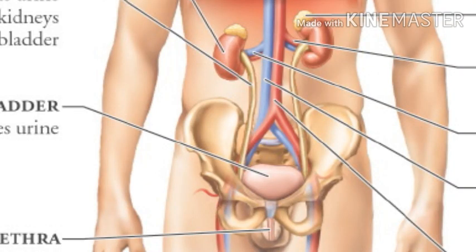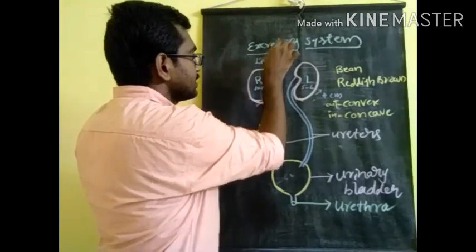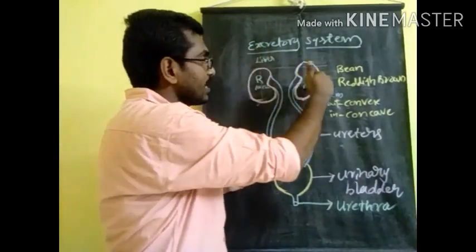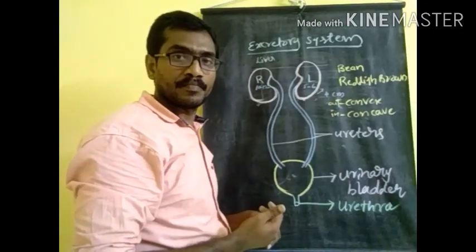On the right side of the abdominal cavity, the liver is located. That's why the right kidney is somewhat lower than the left kidney.